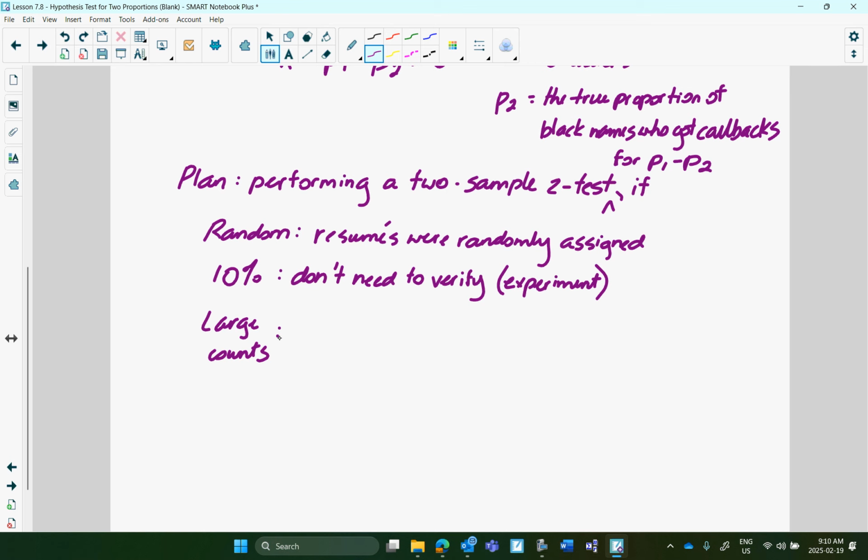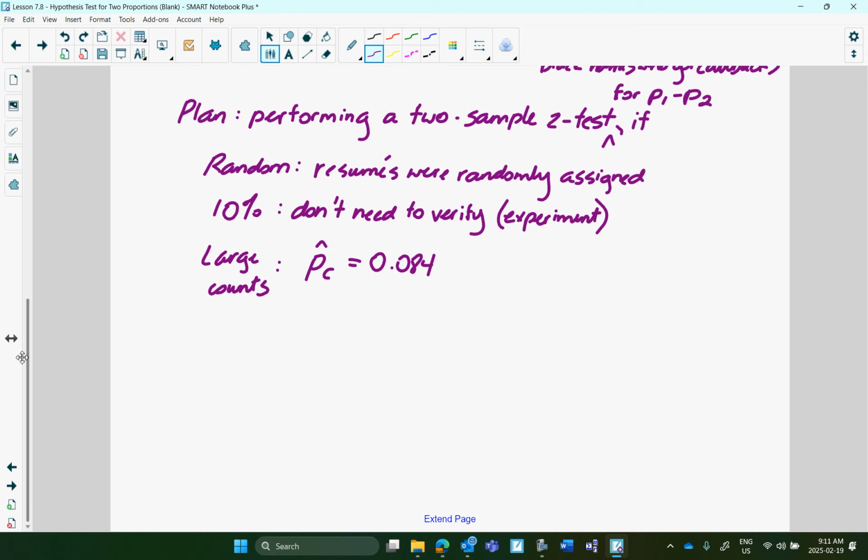Okay. Now remember, we have to use a combined sample proportion, and we calculated it to be 0.084. So we have to do 4 calculations. Fortunately, it's going to basically be 2 are the same and the other 2 are the same.